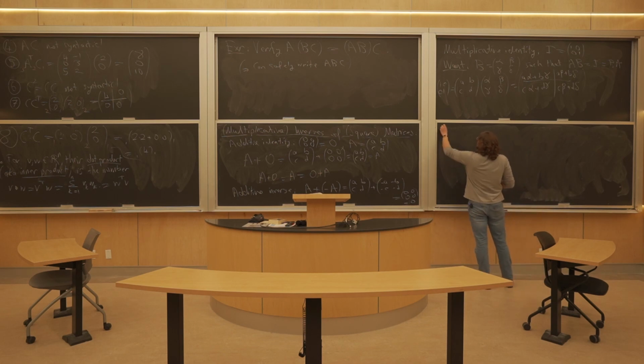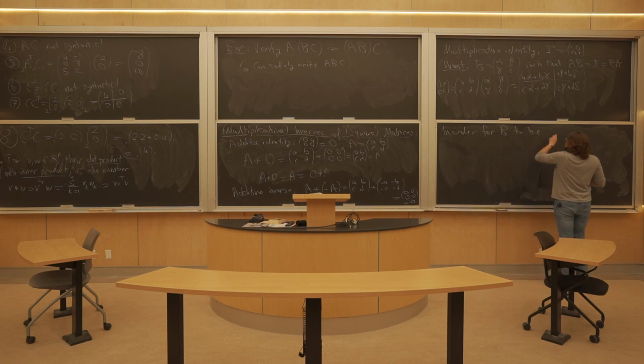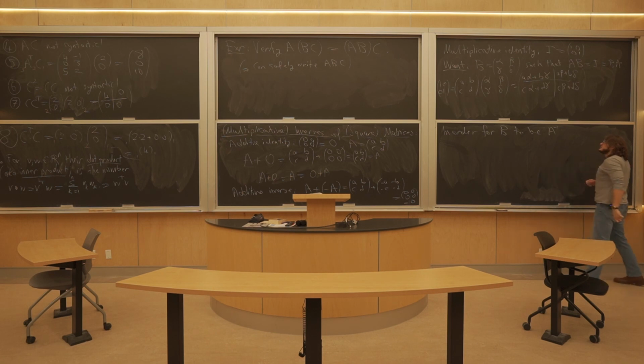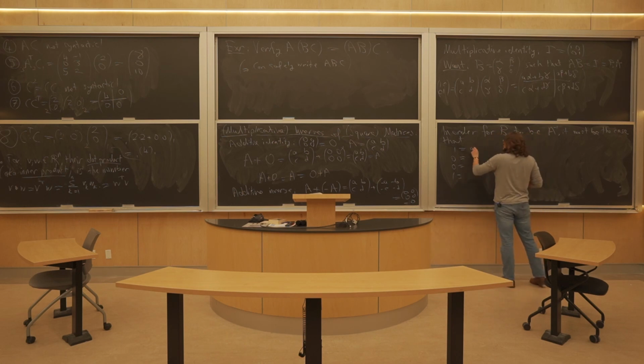So in order for b to be, let me just write a to the minus 1. Instead of writing 1 over a like a number, this is the more common notation. It must be the case that 1, 0, 0, 1 correspond to these.